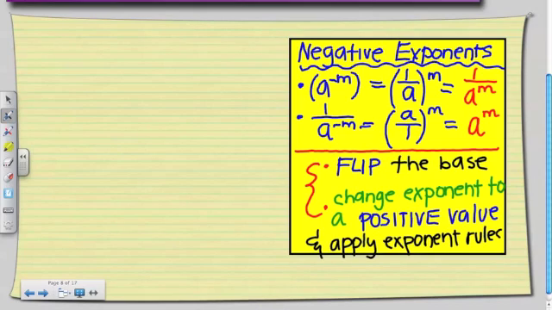So whenever you encounter a negative exponent, you should never leave that in your final answer. You have to apply these rules to get rid of the negative exponent. Flip the base, change the exponent to a positive value, and apply your exponent rules. Okay, so let's start off with very simple examples, and then we're going to quickly get more complicated.